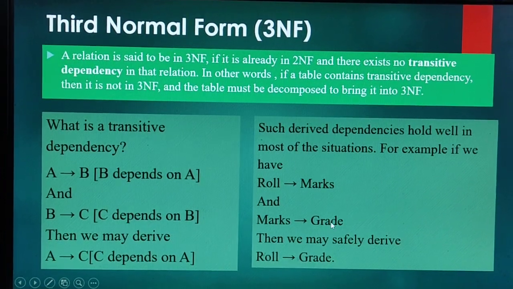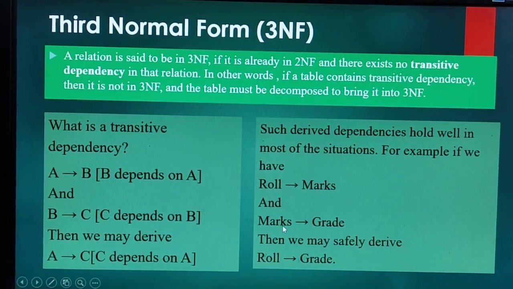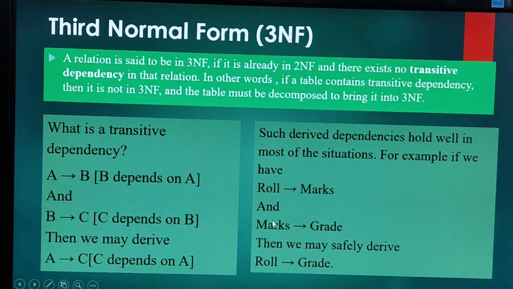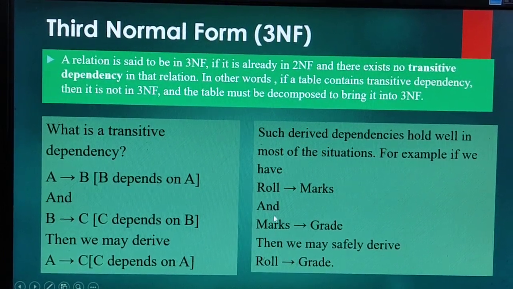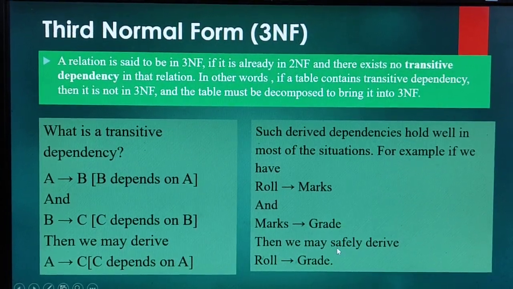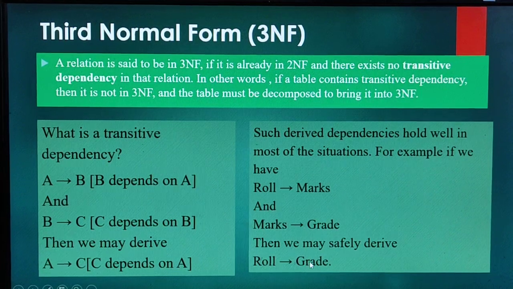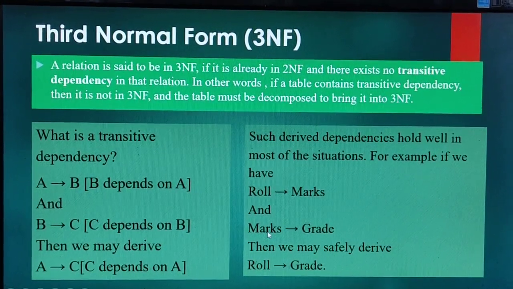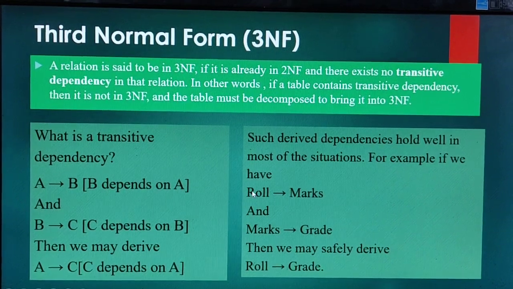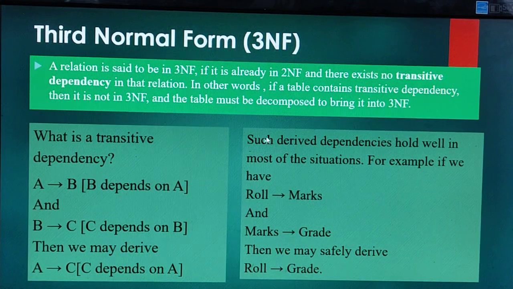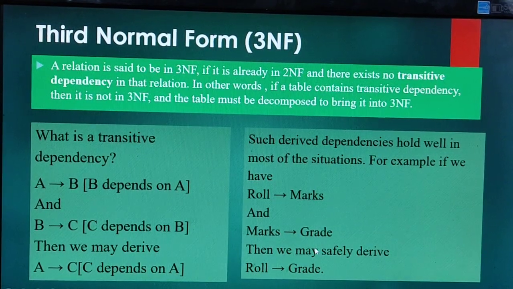When we are calculating grade, we have to see the marks. So ultimately we can conclude grade is dependent on marks. Out of this we can derive a transitive dependency, that is roll number to grade. Roll number to marks, marks to grade, hence roll number to grade. This type of dependency we call transitive dependency.